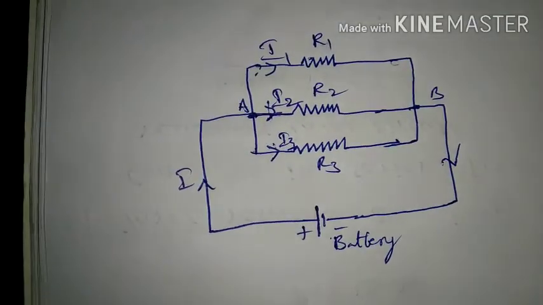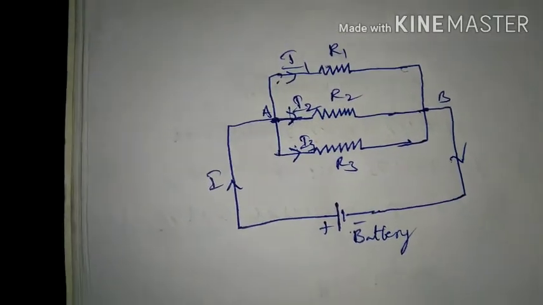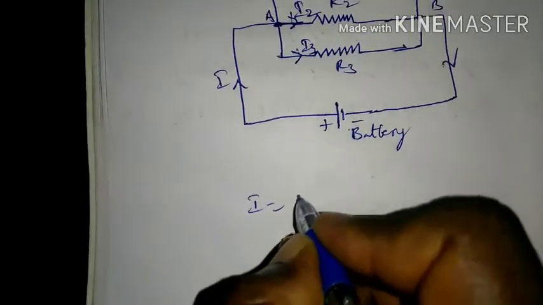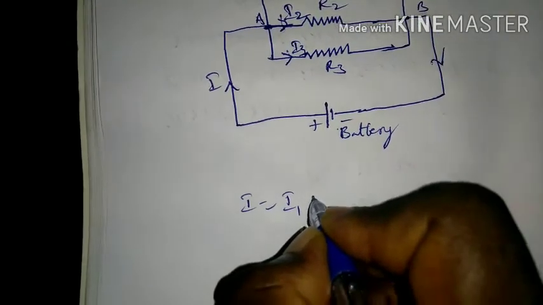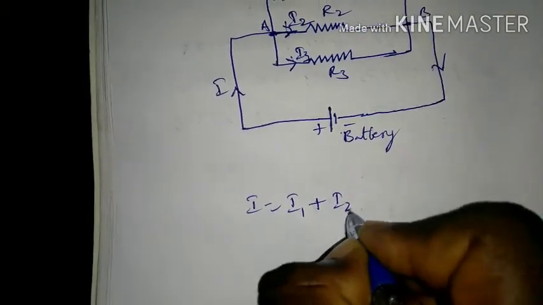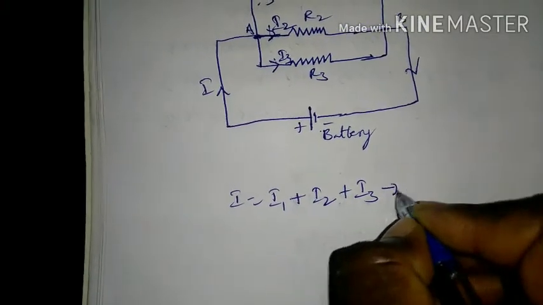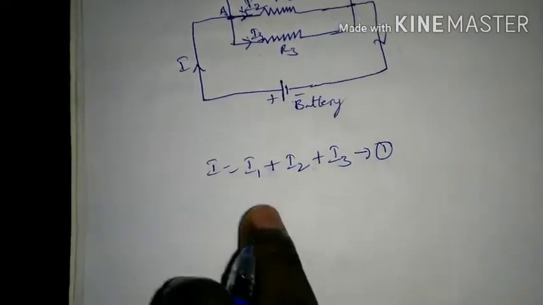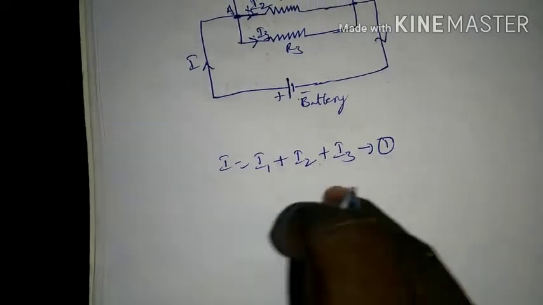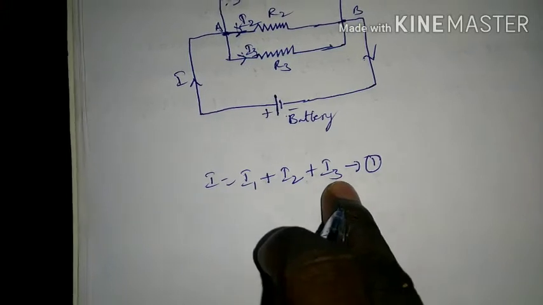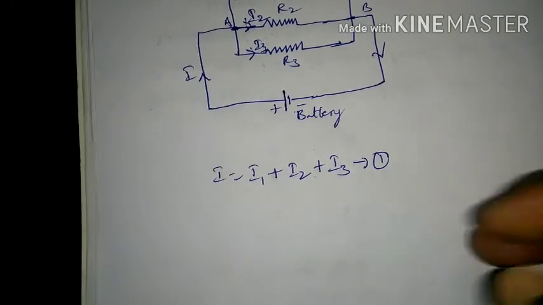Then total current I is equal to I1 plus I2 plus I3. This is equation 1.